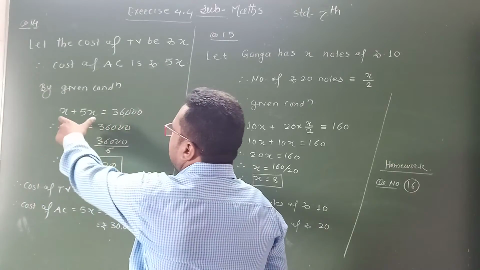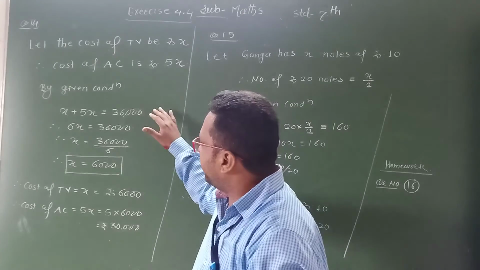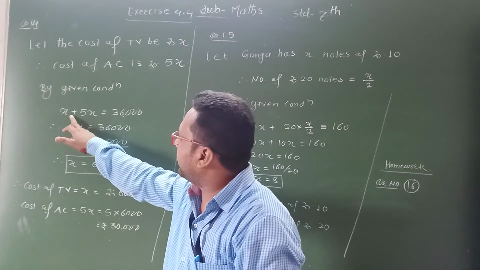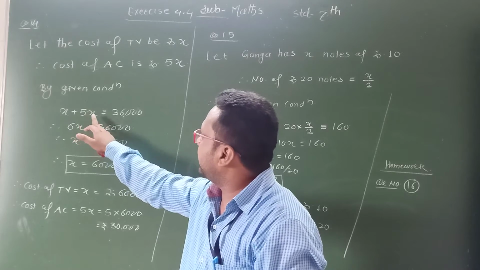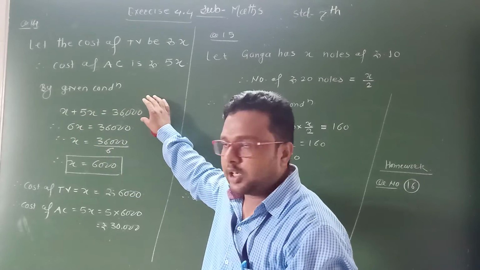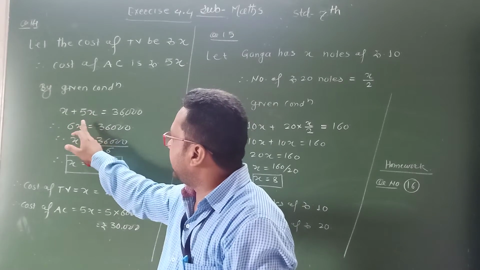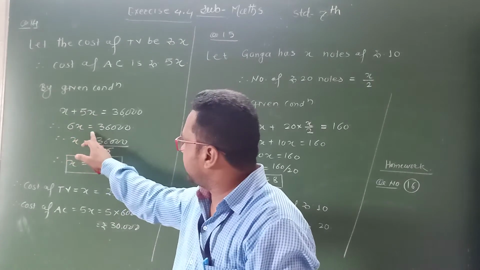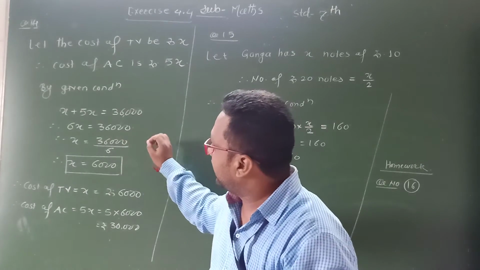Then by the given condition, the total cost of TV and AC is 36,000. Therefore the sum of these two is equal to 36,000. In this way we put the equation x plus 5x, cost of TV plus cost of AC, is equal to 36,000. Now these are like terms. x plus 5x, here we get 6x is equal to 36,000 on the right hand side.